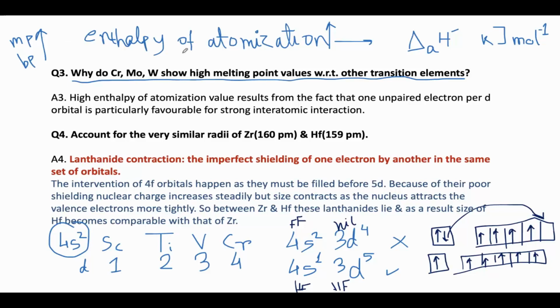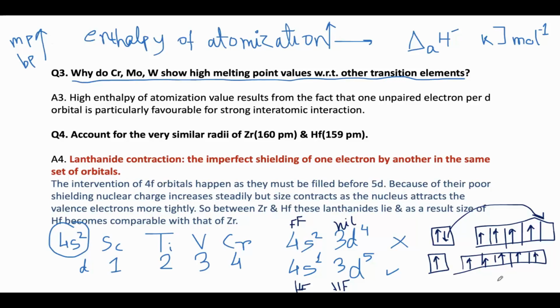So when the question was on the high melting point, I told you that it is the enthalpy of atomization that has a direct correlation with the melting point or the boiling point. And this enthalpy of atomization has a direct correlation with the number of unpaired electrons. That's why I discussed all these things about how the electrons are distributed in the chromium group.